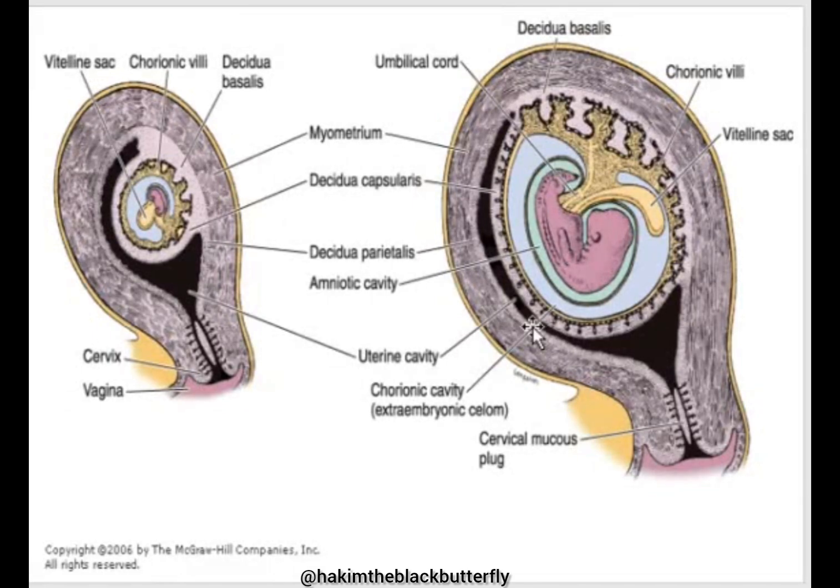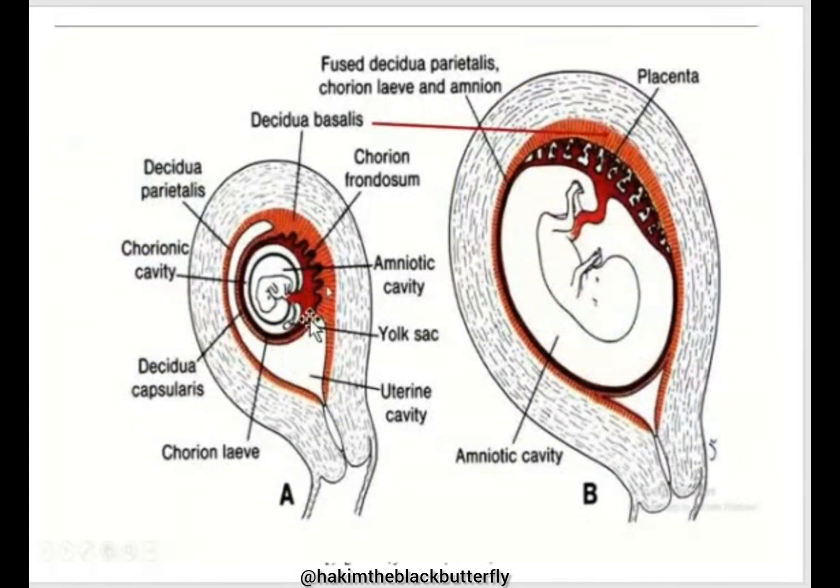Now, when this embryo increases in size, it increases in size by growing outwardly. Originally, we have this illustration at an early stage.